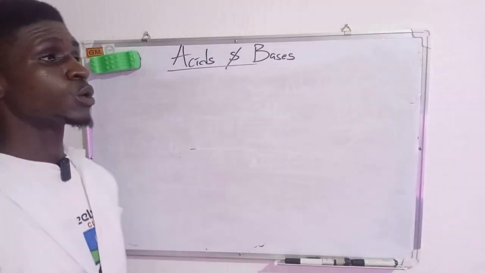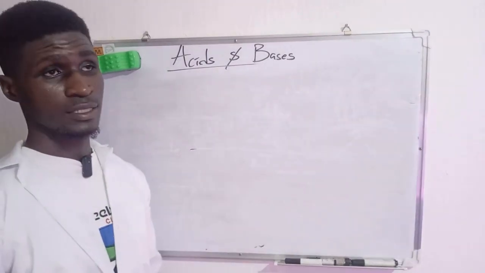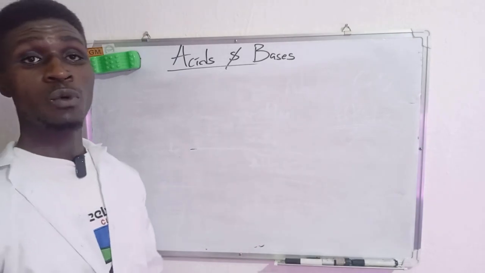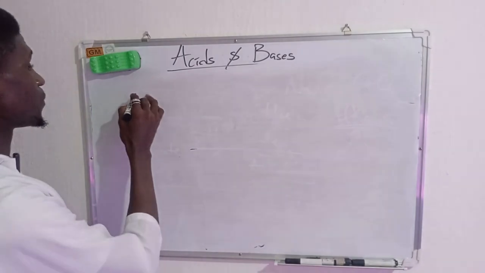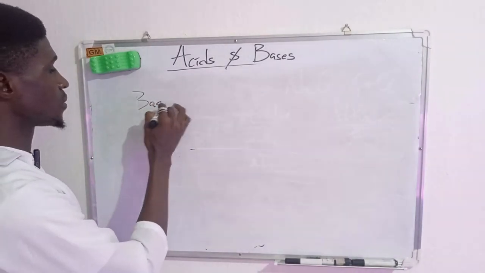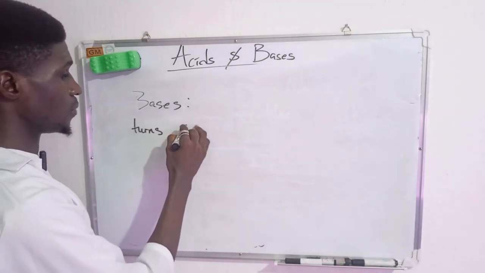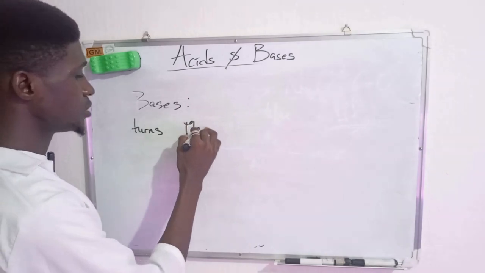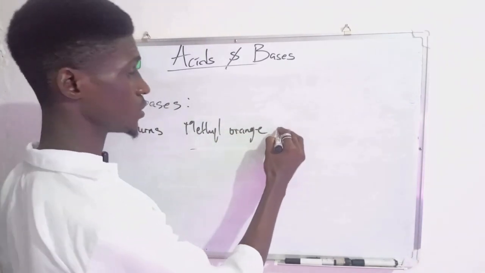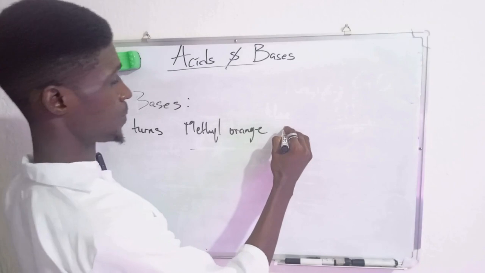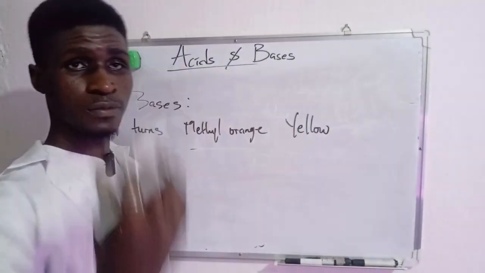We will go further to look at the properties of bases. Bases, for instance, have a bitter taste. They have other ways of reacting to liquid indicators. For instance, bases turn methyl orange yellow, like the sun.